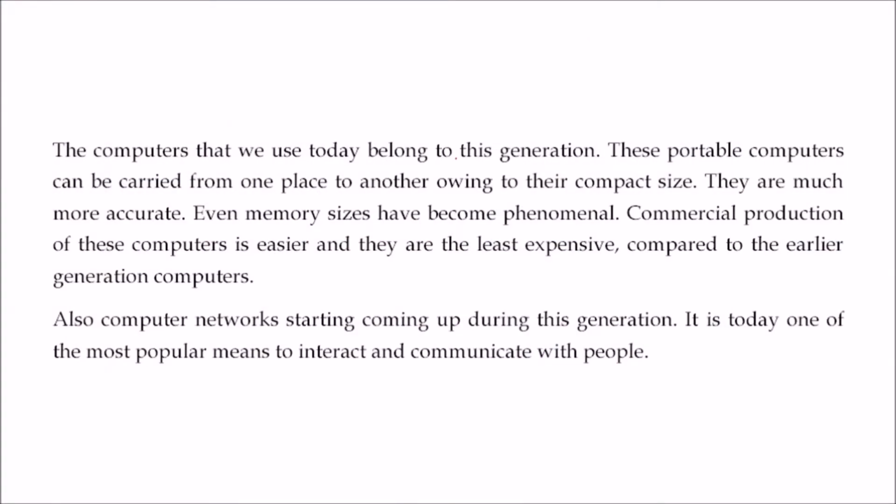The computers we mostly have today are of this generation. Also the portable computer. Memory sizes have decreased, and commercial production is quite easy and least expensive if you compare it with the previous generations.